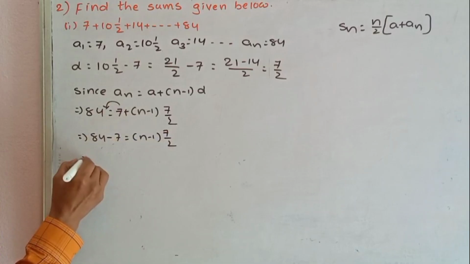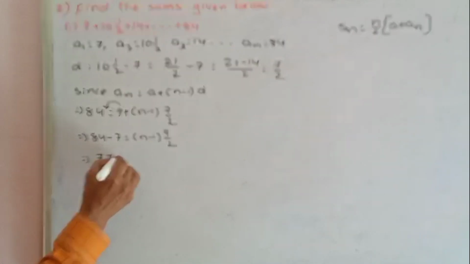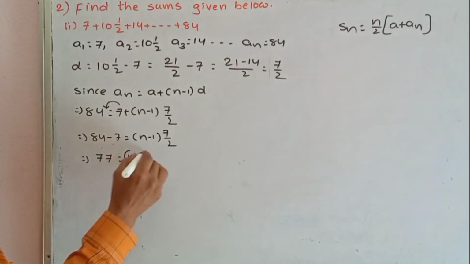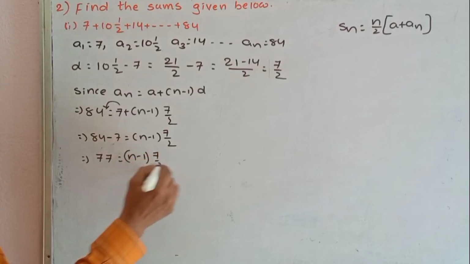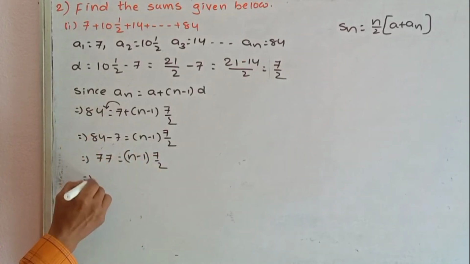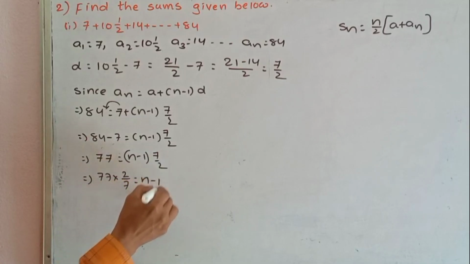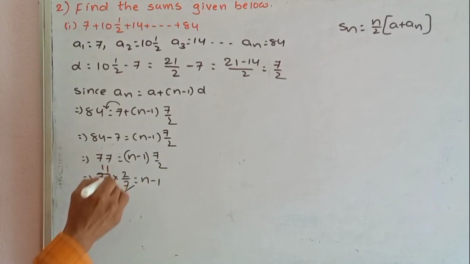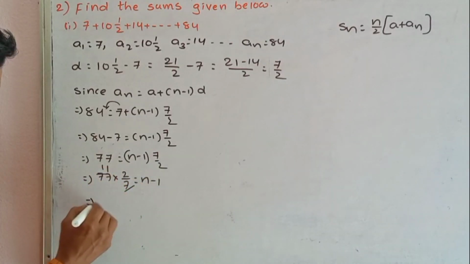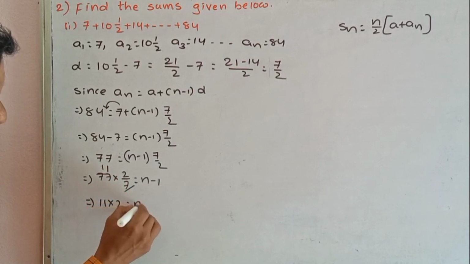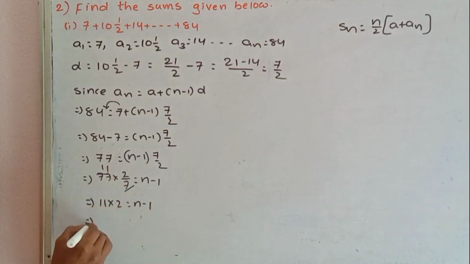Transposing 7 by 2 to the left, 77 into 2 by 7 equals n minus 1. 7 goes into 77 eleven times, so 11 into 2 is 22 equals n minus 1.